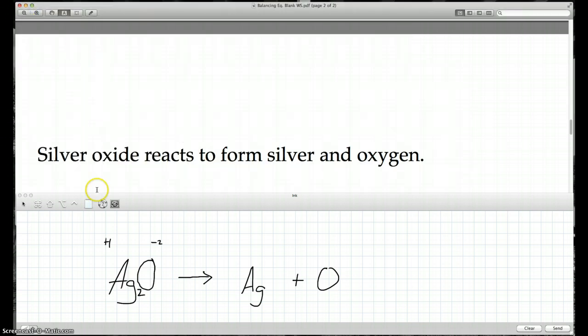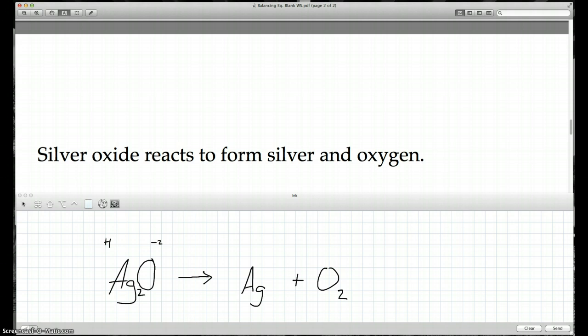So again, if we have a compound, like silver oxide, 2 things, there's no "and" between there, we either have to do the switch trick or we use the prefixes, which we didn't have here. If something's alone, like silver and oxygen are 2 separate things, we ask ourselves, is it one of the 7? Well, Ag is not one of the 7 diatomics, but oxygen is one of the 7 diatomics. So, since it's one of the diatomics, I'm going to put a 2 behind it.